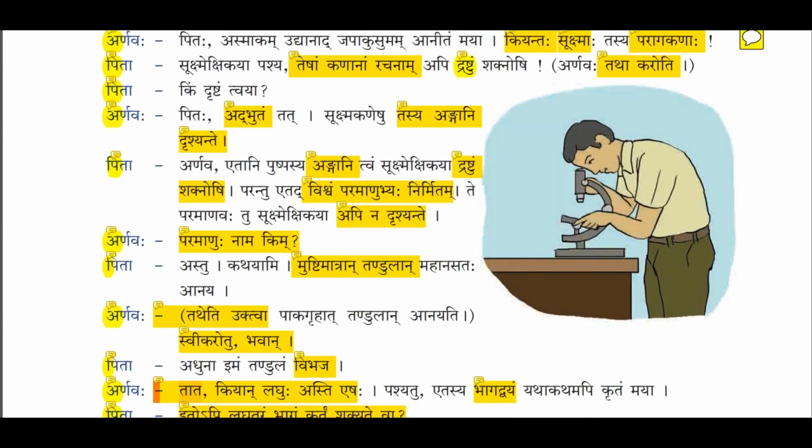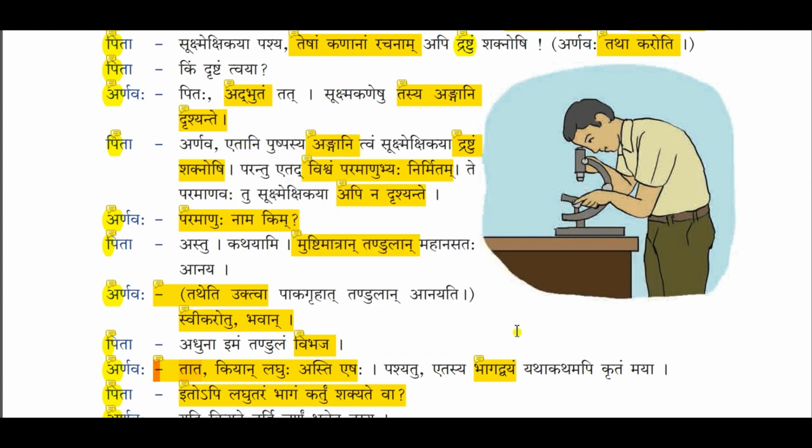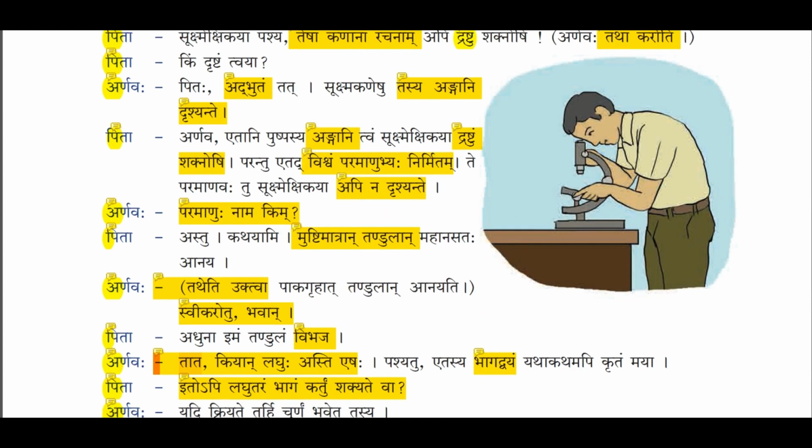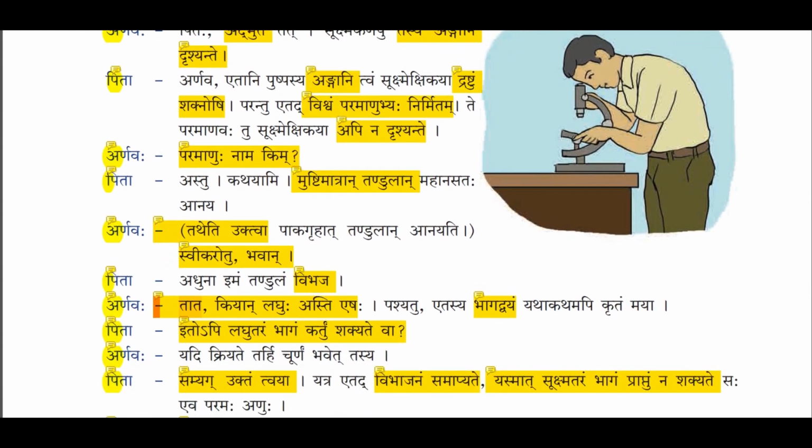So let's start with this: Sandhi, Samas, Twantavandabhya, questions and translation. Let's begin with the reading. In the first video, the last word was Drishyante, so we are going to start from the next dialogue of the father.